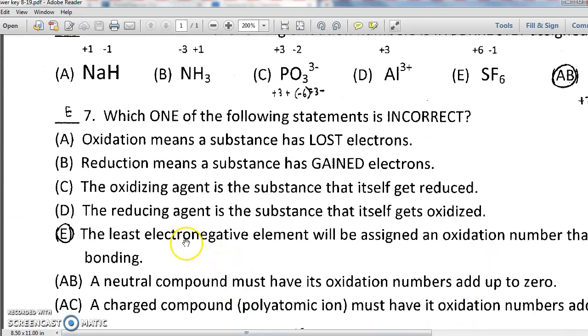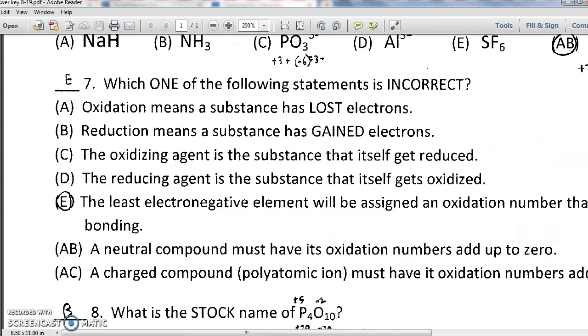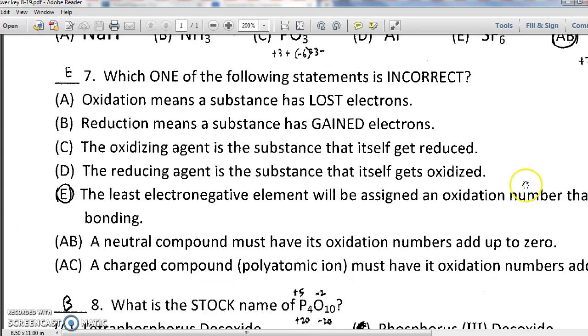So fluorine always gets its -1. Oxygen always gets its -2. The more electronegative elements are assigned the charge that they would have when bonding. The least electronegative element in the compound will be whatever charge it needs so that the charges balance out to what they need to be.